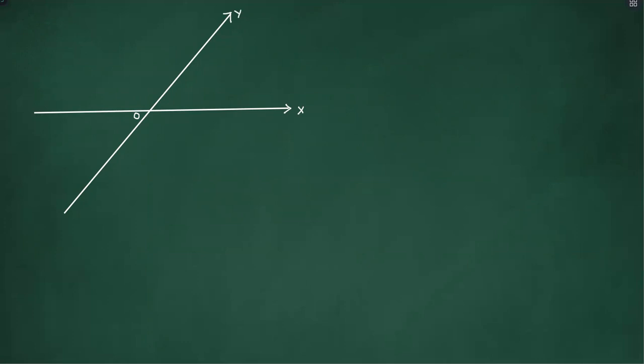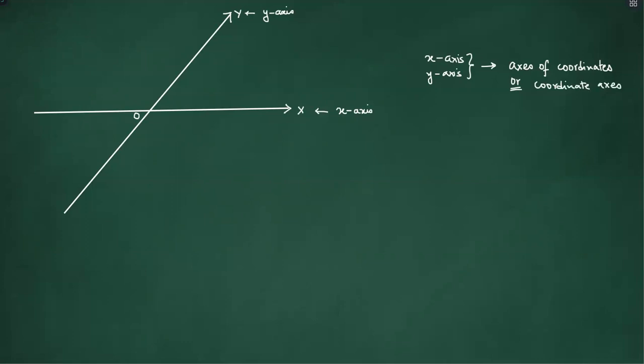This line we call the x-axis and this line we call the y-axis. These two together are known as the axis of coordinates, or the coordinate axis.